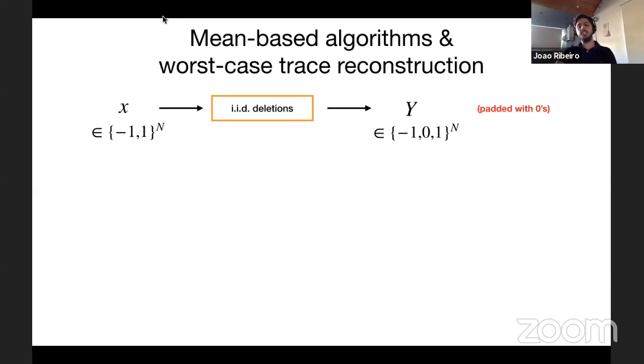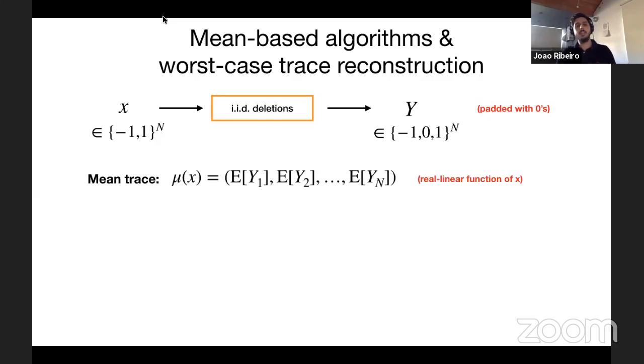You send it to a deletion channel, and what you get at the output is just a subsequence of x that we're going to pad with zeros so that it has the same length as x. Given this kind of modified deletion channel, we can look at the mean trace. The mean trace really is just the vector of expected values of all the bits of the output. This is a nice function. It's a linear function of x.